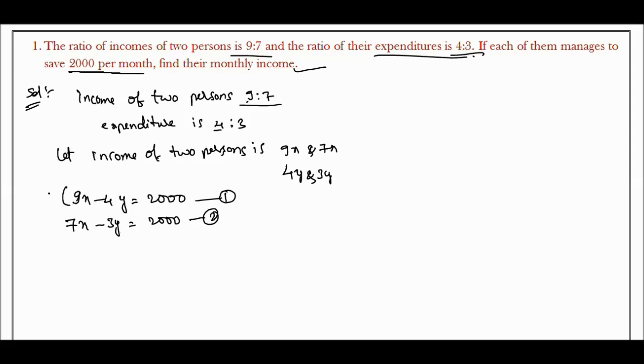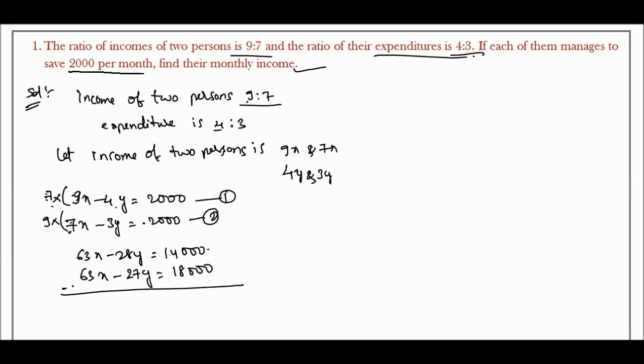So we multiply the first equation by 7 and the second by 9. 7 times 9 is 63x minus 7 times 4 is 28y is equal to 7 times 2000, which is 14,000. And 9 times 7 is 63x minus 9 times 3 is 27y is equal to 9 times 2000, which is 18,000.